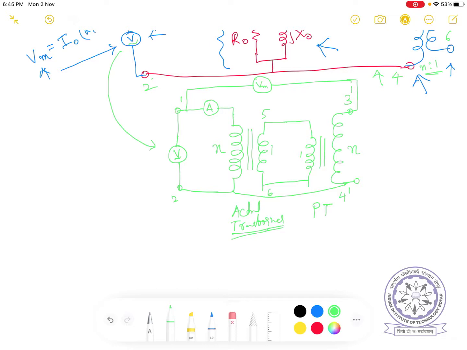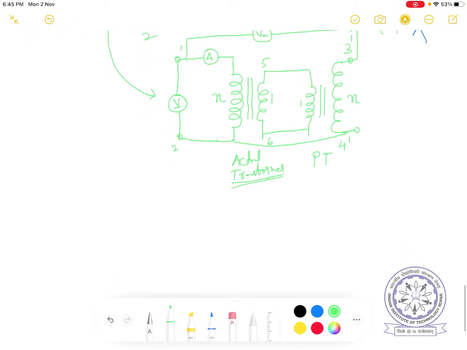But there are some practical difficulties here. What is the practical difficulty? The first practical difficulty is to get a matching ratio of potential transformer. Not all potential transformers have the same ratio as you require.